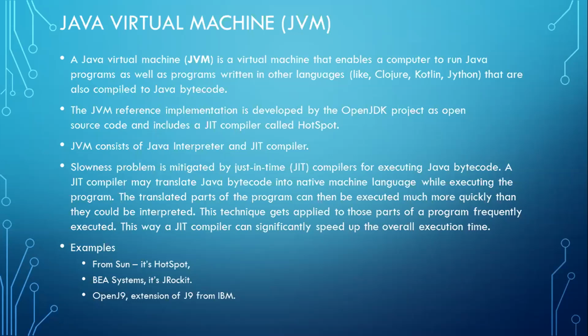But ultimately, what we are going to focus on mainly is Hotspot. This JVM reference implementation is mainly developed by the OpenJDK project as open source code and includes the JIT compiler called Hotspot.